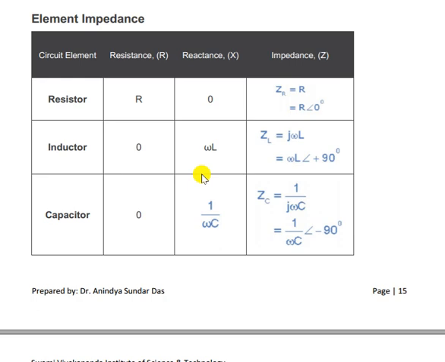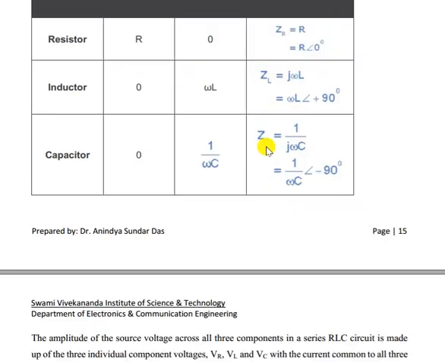Okay. So for the resistor R, the reactance value is 0, Z equals R. We can write that in terms of R at an angle of 0. Now for the inductor, resistance is 0, reactance is omega L, ZL equals j omega L. That we have seen.